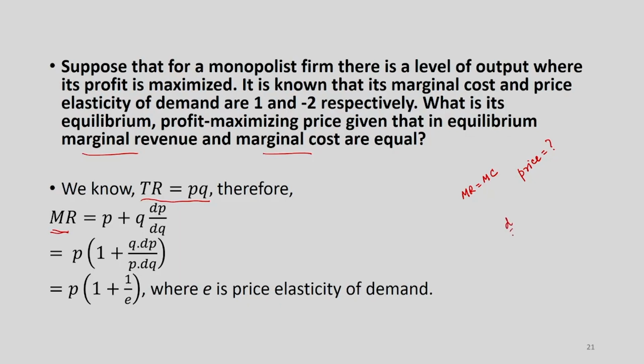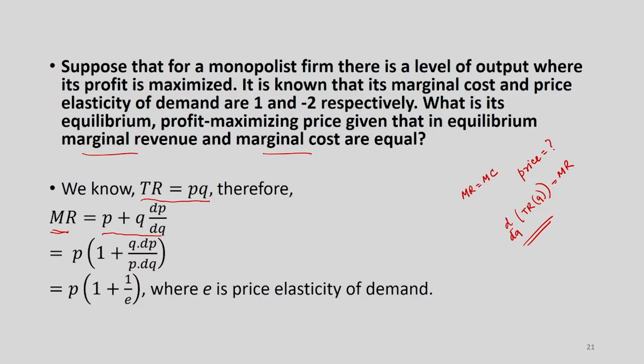So, d/dQ of total revenue, right. Total revenue can be thought of as a function of quantity. This is MR. So, we have basically used the fact that TR is equal to P multiplied by Q, and then we have taken the derivative of PQ with respect to Q.